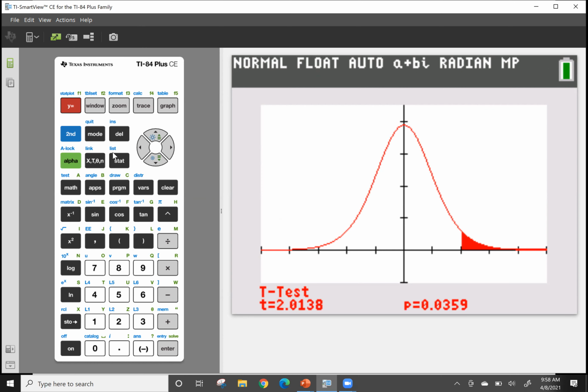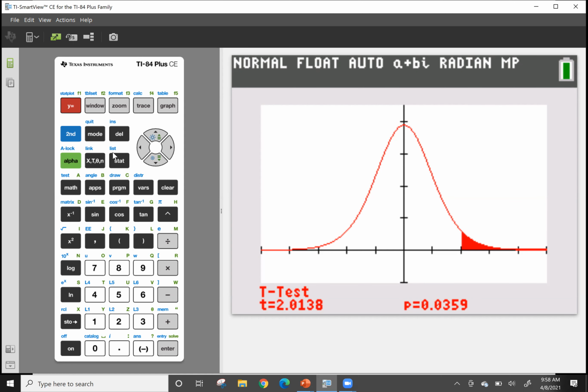So what this draws for me is exactly what it's doing. This is a t-test, so it calculated t for me, which is 2.0138. And the p-value is the area under the curve to the right of that t-value, that t-score.